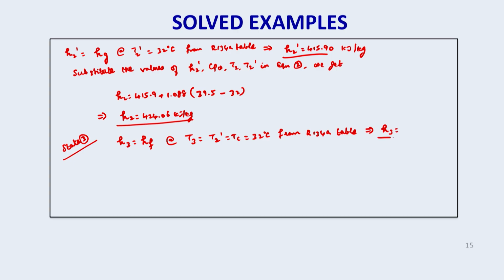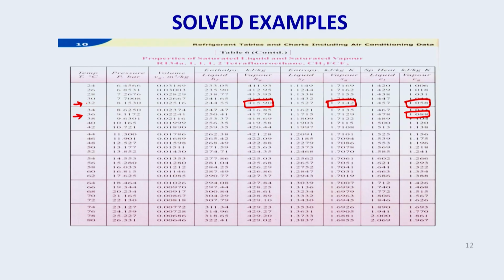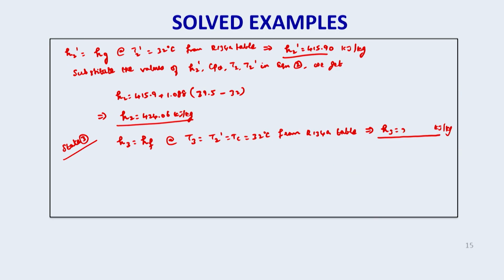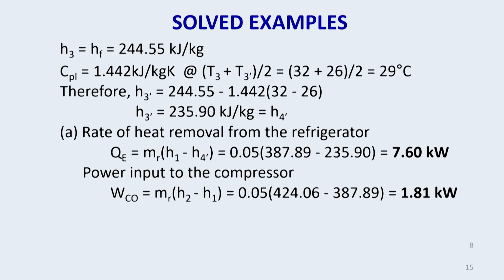H3 corresponding to 32, liquid enthalpy, 244.55. So this is what I found here. H3 equal to HF is equal to 244.55.